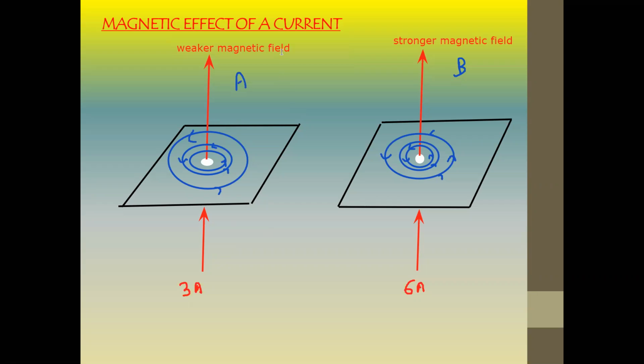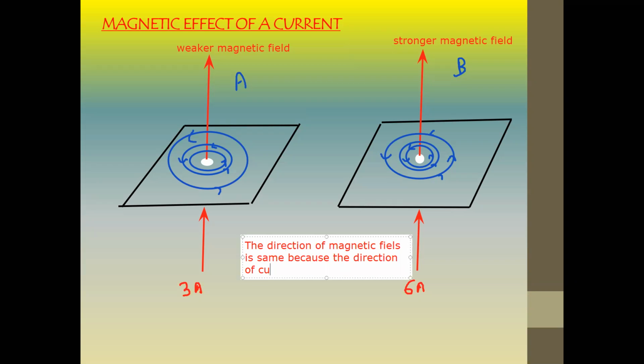And when we compare, the direction of the magnetic field is the same, because the direction of the current is the same for both wires.